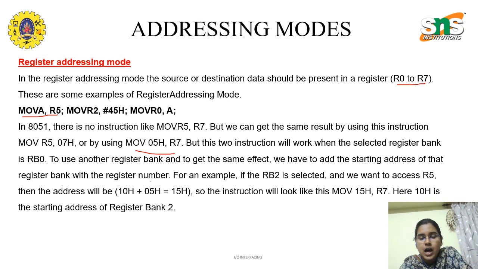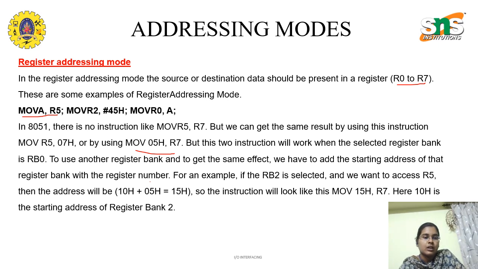For example, if RB2 is selected and we want to access R5, then the address is 10H plus 5H, which is 15H. So the instruction will look like MOV 15H, R7, where 10H is the starting address of register bank 2.